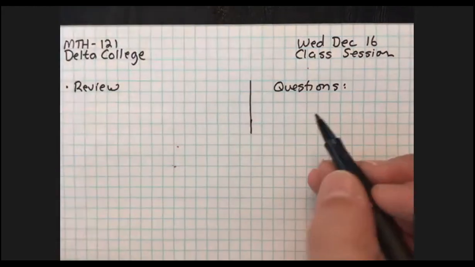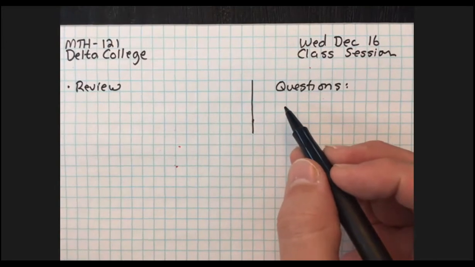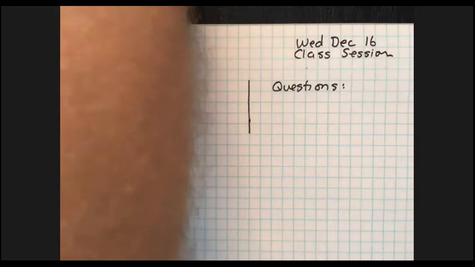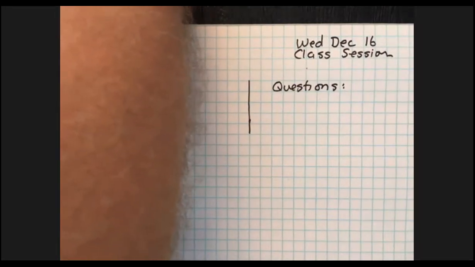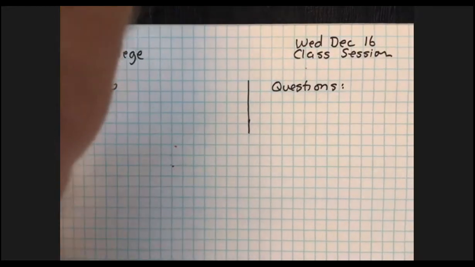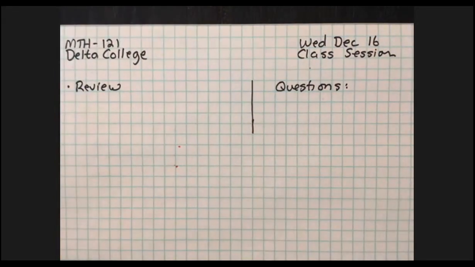Not going to do problems related to the test, of course, but if you have problems that are similar that are in the book, I have no objection to doing those with you. Let me get someone else going in the room here. Okay, so you can just type things into the chat or you can speak them out loud. I'm in a different room today, so I don't have awesome audio or bandwidth.